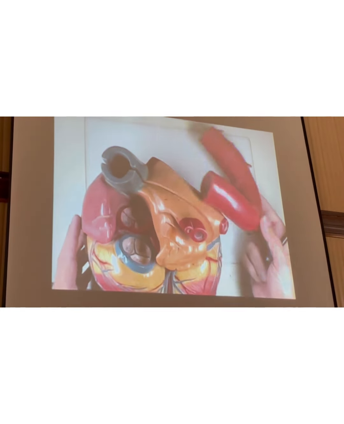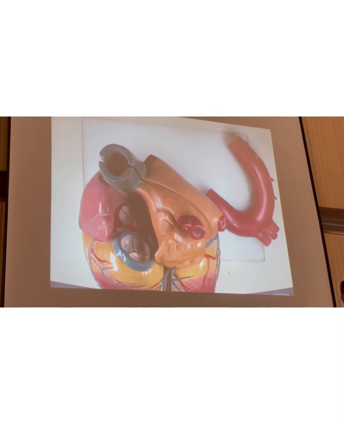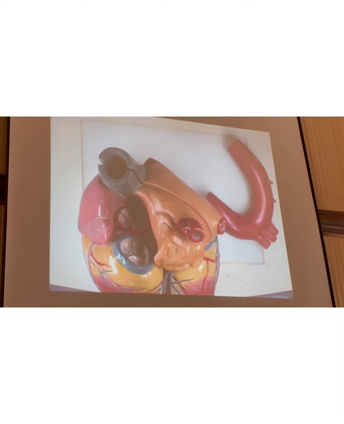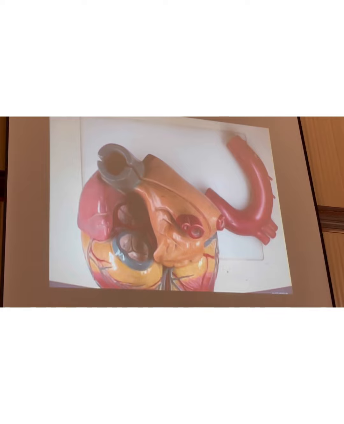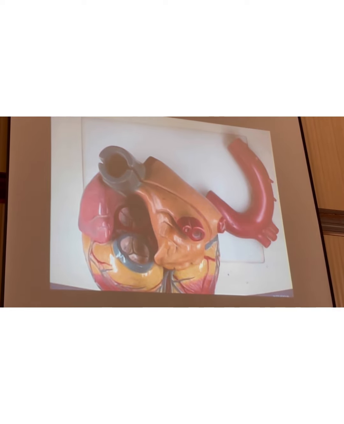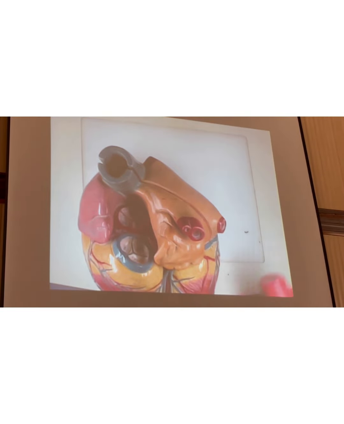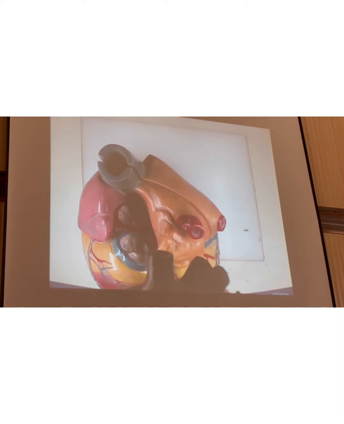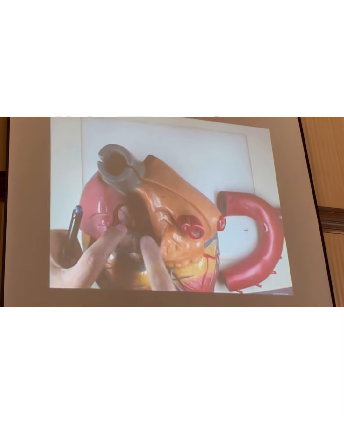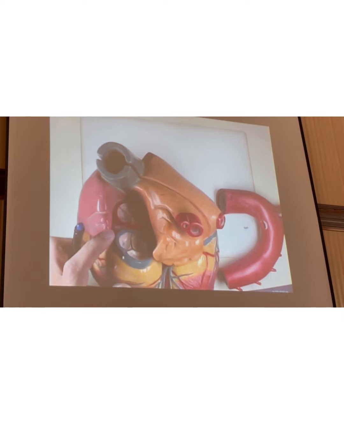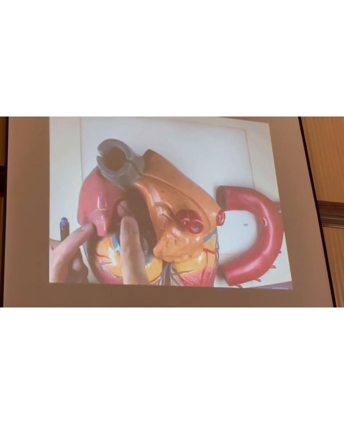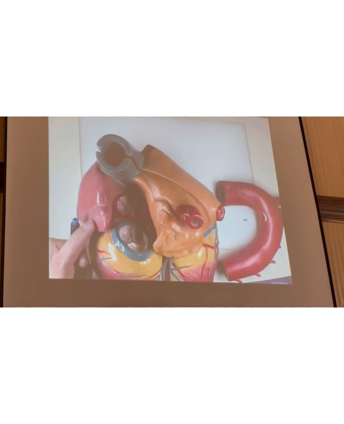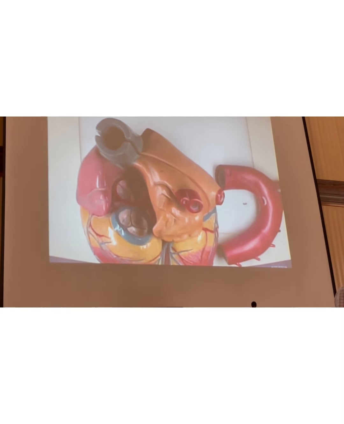Catheterization: the catheter is like a tube. They pass it through the femoral artery here, then from the femoral artery it goes to the external iliac, then common iliac, then abdominal aorta until the thoracic aorta, through the arch of the aorta, then it enters the coronary arteries. This wire catheter enters the coronary arteries and they inject dye.